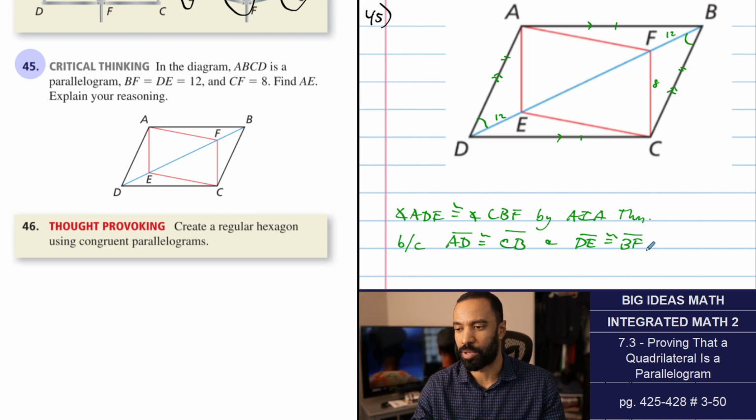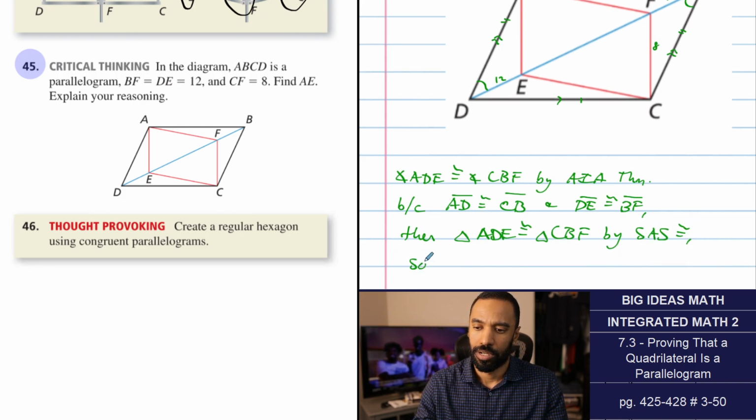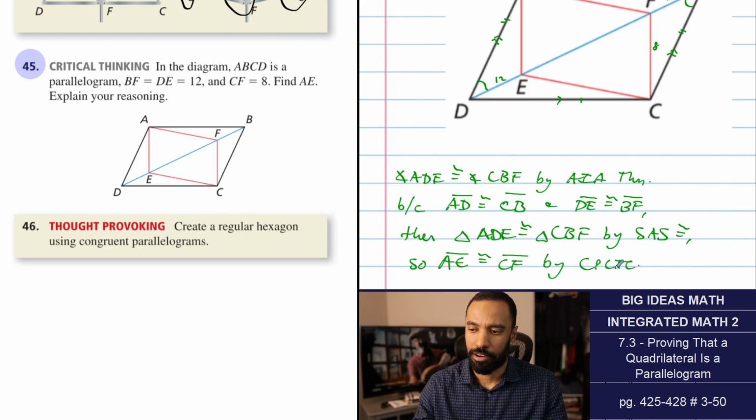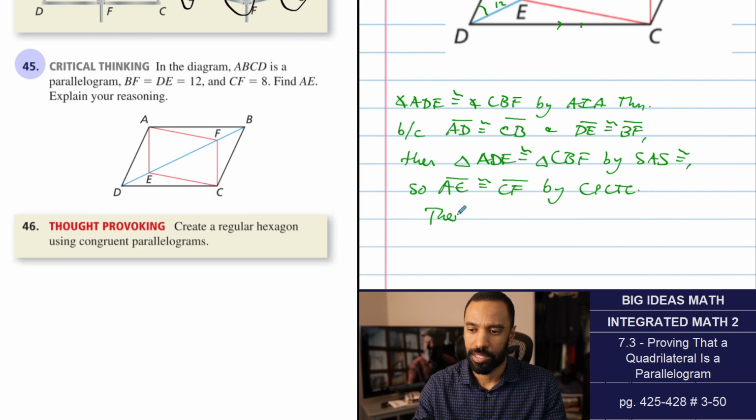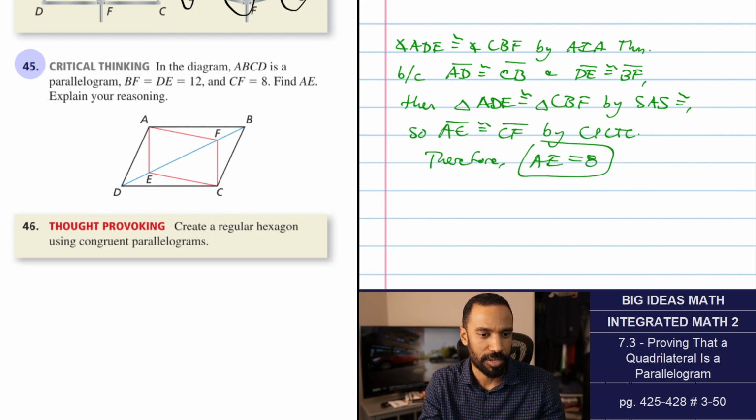It's not a full proof, just as explained. Then triangle ADE is congruent to triangle CBF by side angle side. So AE is congruent to CF by CPCTC. Therefore, AE equals 8. I actually use green. Okay, so they're going to be the same, therefore they're equal. I know I skipped some steps that I wouldn't have in a proof, but there's that.